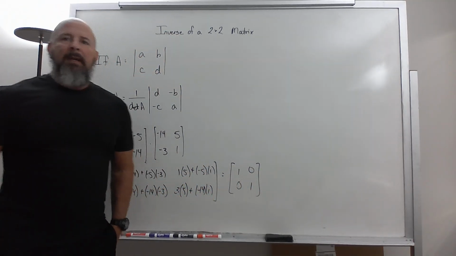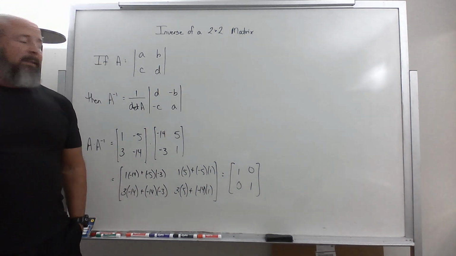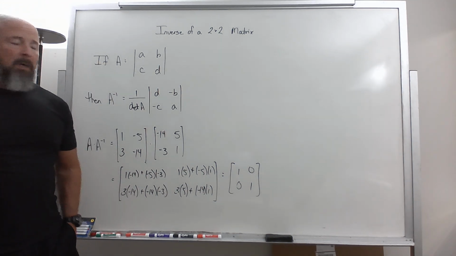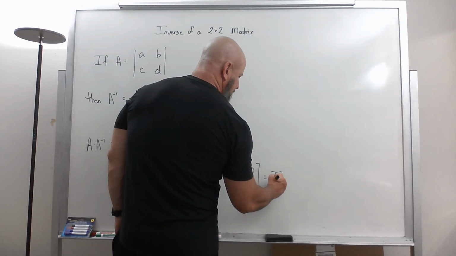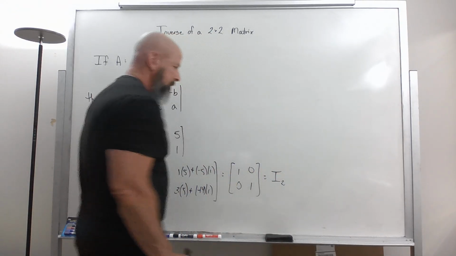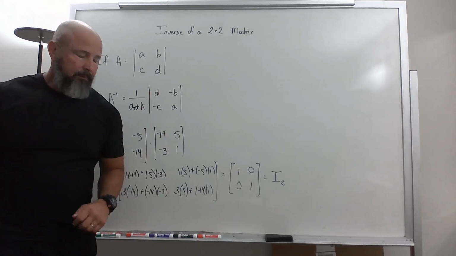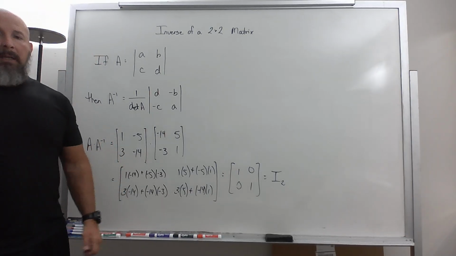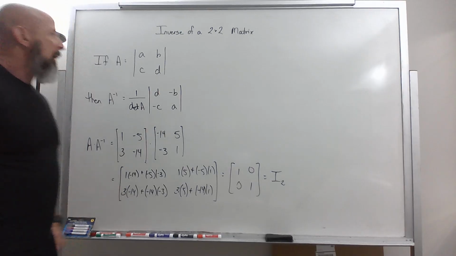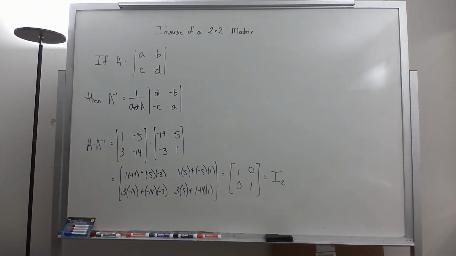That's called the identity matrix because 1's are going diagonally. The rest are zeros. This particular one is referred to as I subscript 2. The subscript 2 just means 2 rows, 2 columns. It was a 2 by 2 one. But it is that identity.